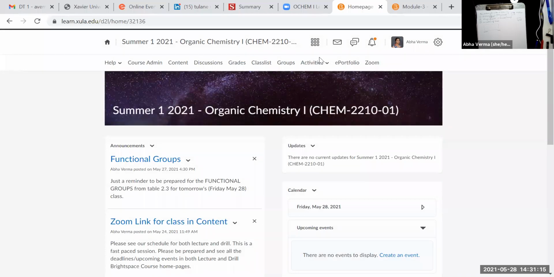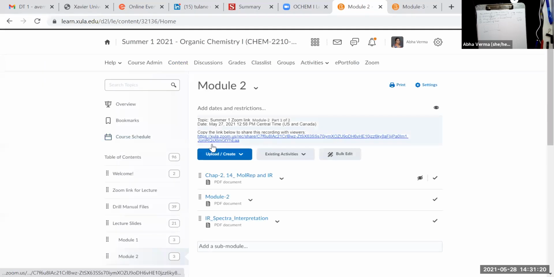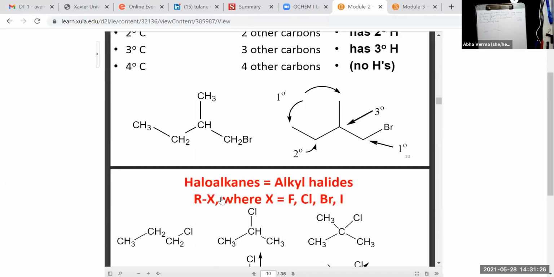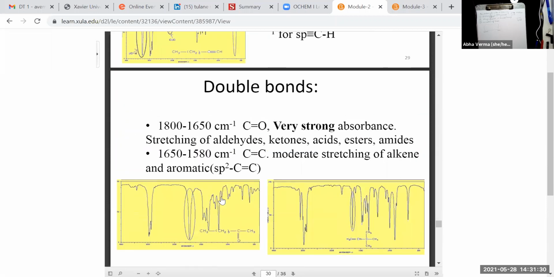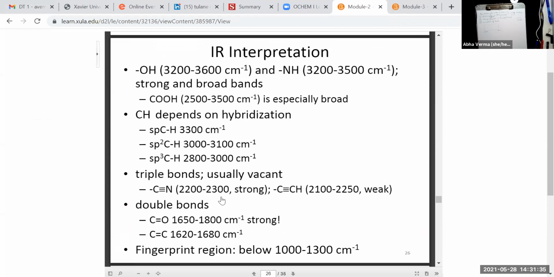Now I know we are almost out of time, but I quickly want to finish up this module by giving you a little bit more information about the IR. So for your course, you just need to know these ranges.